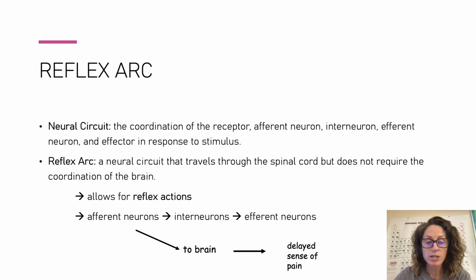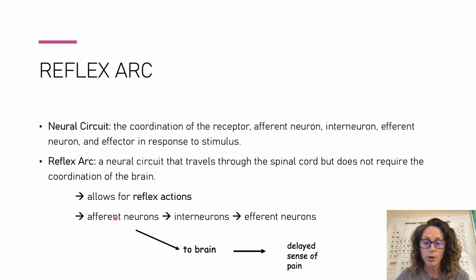A reflex arc is a neural circuit that travels through the spinal cord but does not require the coordination of the brain. So that means you're essentially taking information and having a response immediately without the brain having to take in any information and make a decision.